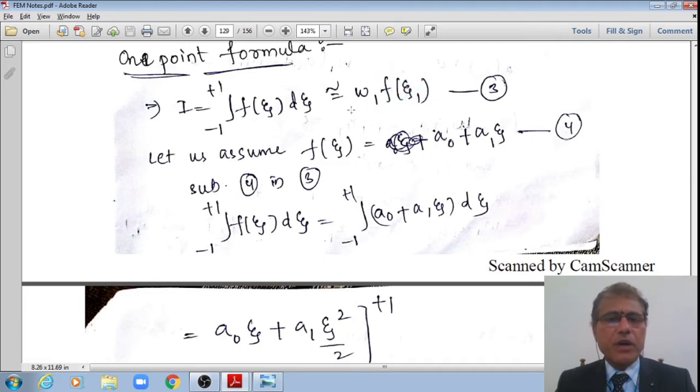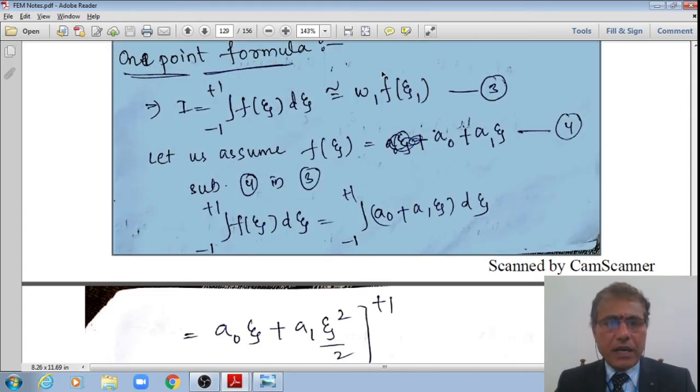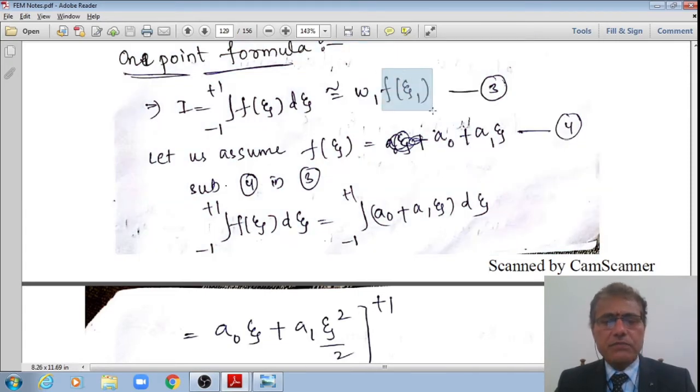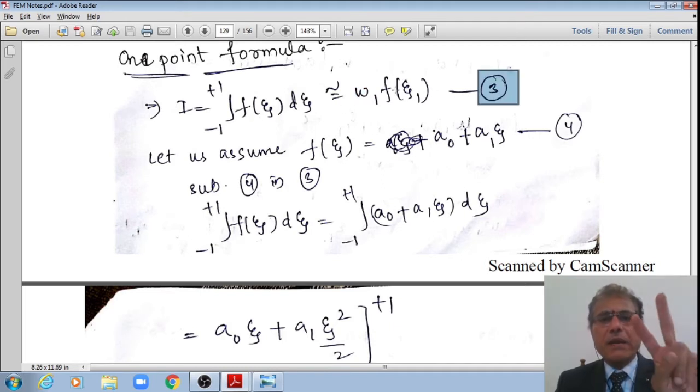Hence, in the 1-point formula, I will substitute only the very first sampling point ξ1. I'll get the value of the function f(ξ1) multiplied by the weightage factor w1. Let it be equation 3. However, I have two unknown parameters.